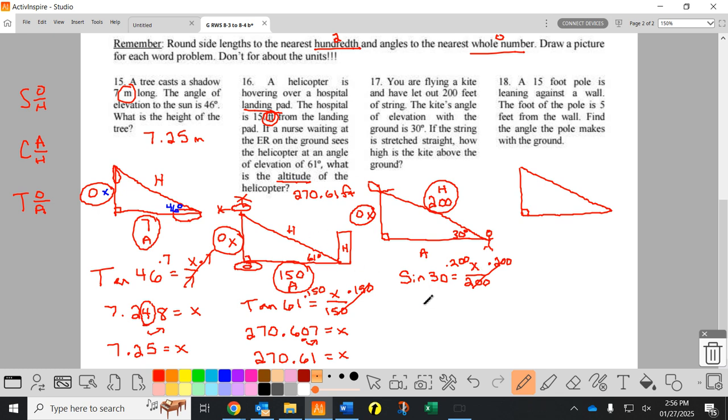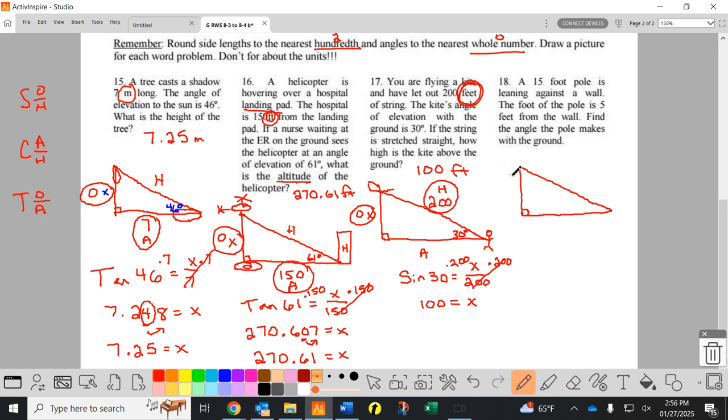That's going to put you at 100 equals x. Don't have to round that one at all. That one's really nice. So let's put a unit on that. That's going to be 100, and the unit in here is feet. Again, 200 times sine 30 equals. And there's no rounding, not even rounding off. It's just 100.